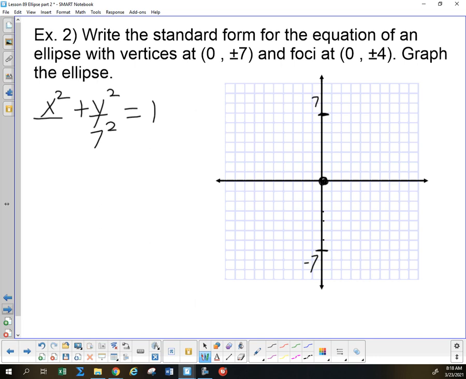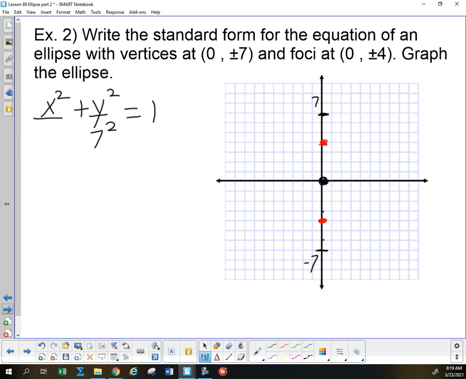This one also tells me that the foci are (0, 4) and (0, -4). So again, the foci are on the same axis where they gave me the vertices.